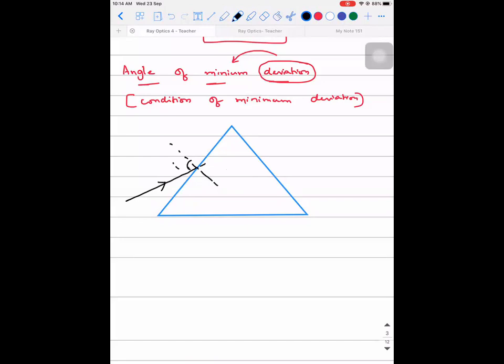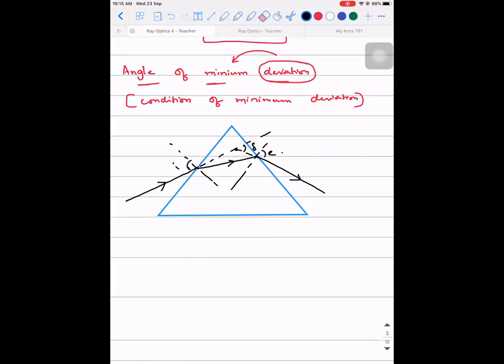Then this is the actual path. So how do you define the angle of deviation? It is the angle between the actual path, that is the incident ray, and the emergent ray. I took one scenario in such a way, it is going like this. So the emergent ray is coming out. When you try to extrapolate it, there's the angle of emergence, the angle of deviation, and all those things, right? So I hope you're able to understand till this step.